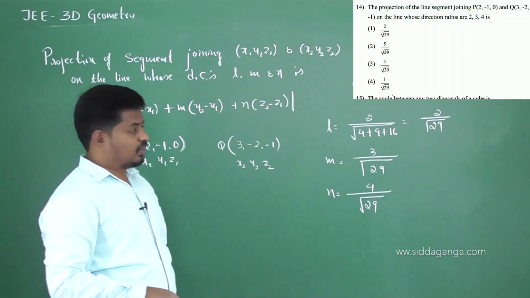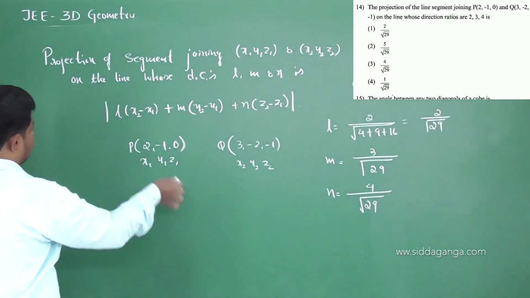So we have the ratio, cosines. Now let's substitute these values in this.